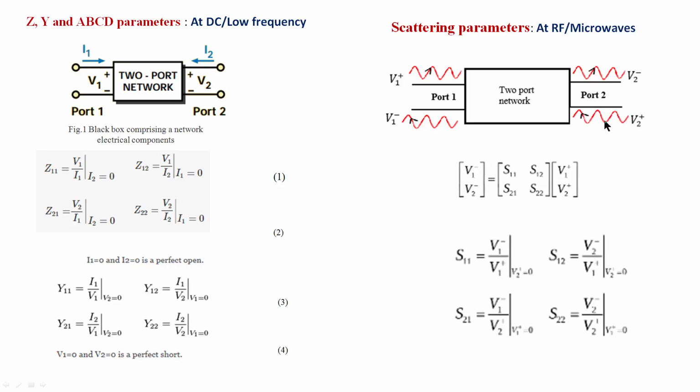A wave is incident to port 2 like this. So V2 plus is the incident wave at port 2. V1 plus is the incident wave at port 1. And this is the outgoing wave at port 2, and this is the outgoing wave at port 1. So we have 4 waves here.